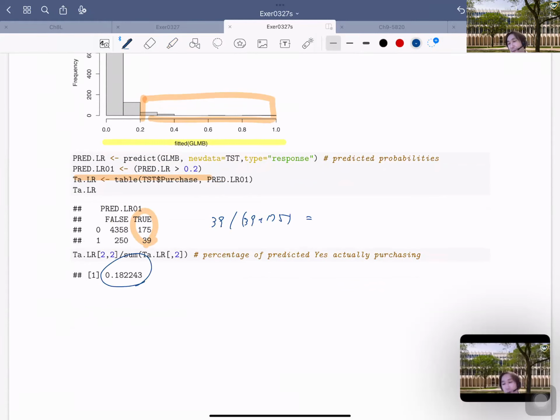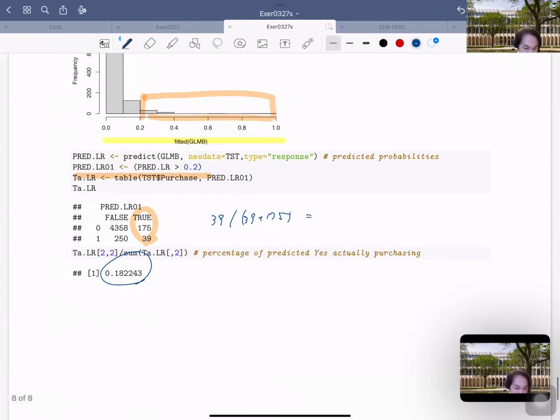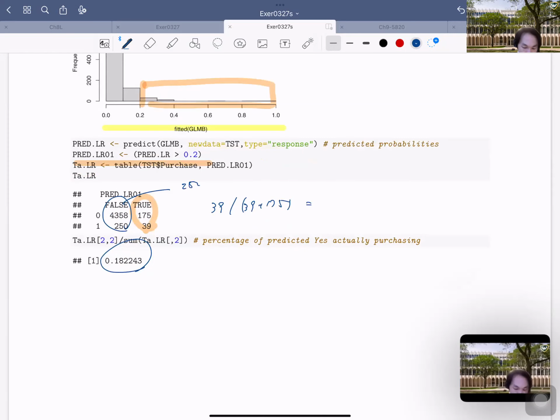So the model is not good enough to guarantee a 20% chance to purchase, but it works somewhat well. So this percentage is much higher than the overall average. This one is just 250 over about 45,000. So this is only about 5%. So still, it's much better.